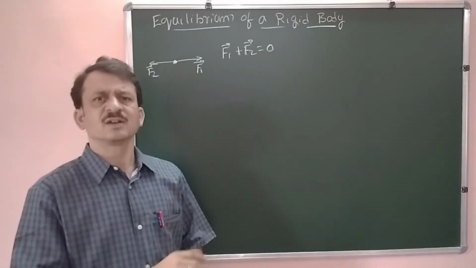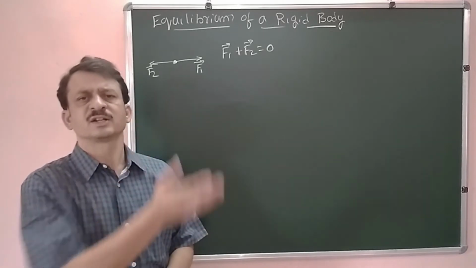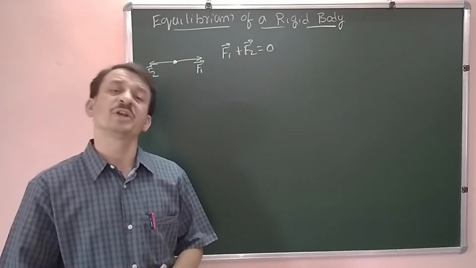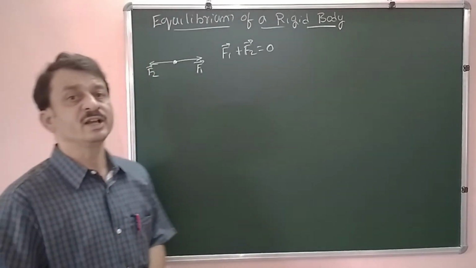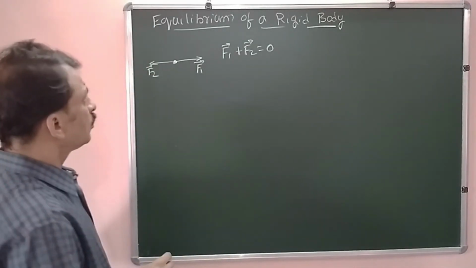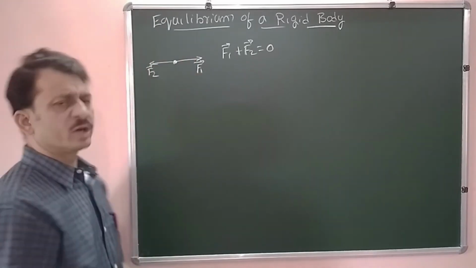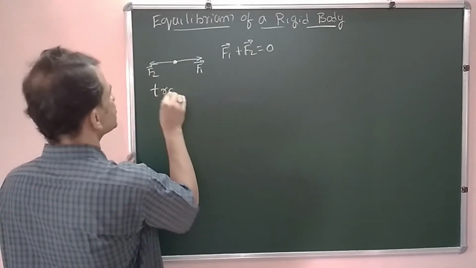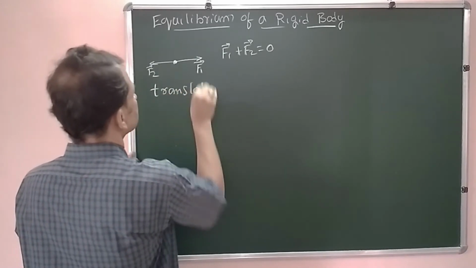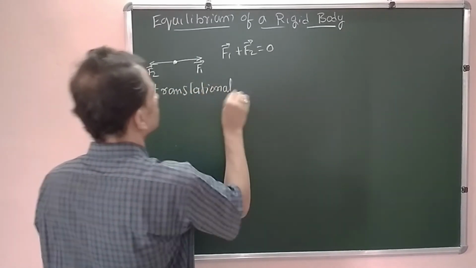If the body is not fixed at all, then the rigid body has a combination of both translatory and rotatory motion. Now, a rigid body is said to be in translational equilibrium. First, translational equilibrium.